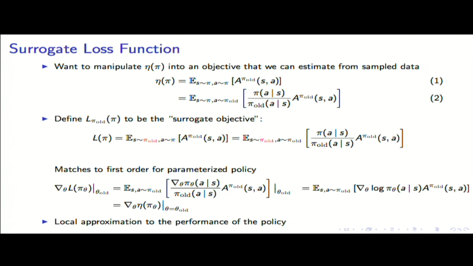In the same respect, we're doing a batch method here where pi old corresponds to the target network, which is the old network, and now we're trying to construct a new network pi.